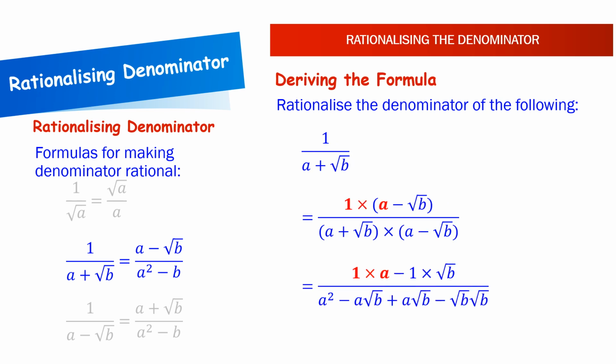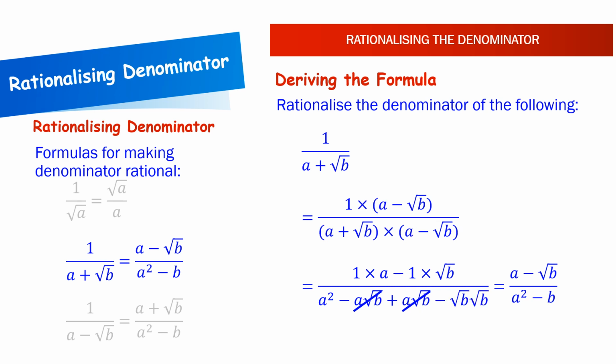Expanding out in the numerator gives us 1 times a minus 1 times root b, and in the denominator we have a squared minus a root b plus a root b minus root b times root b, to give us a minus root b divided by a squared minus b.